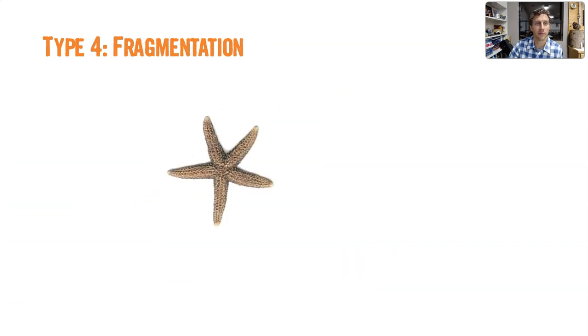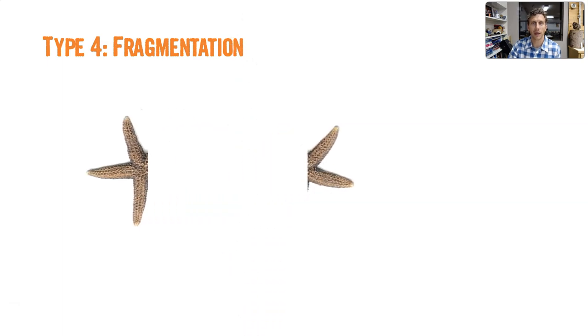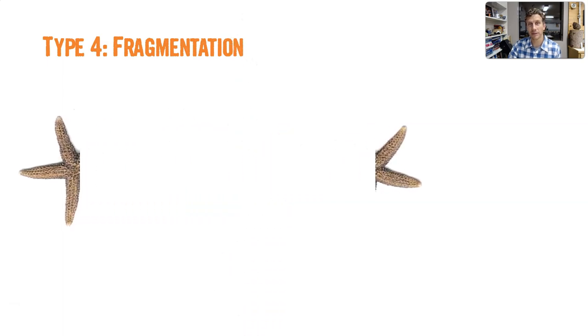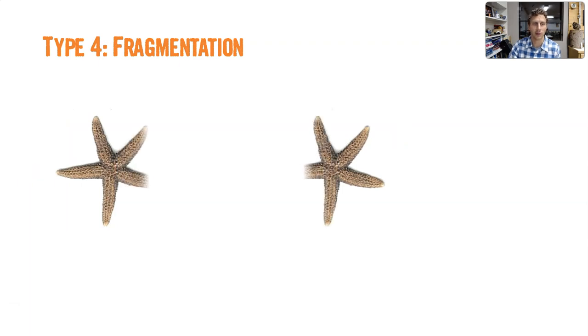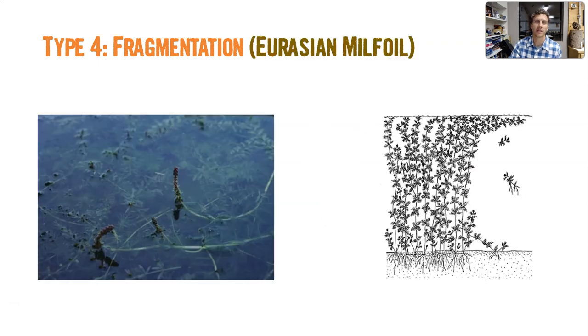Type 4, fragmentation. An organism like a sea star gets cut. And if there's enough of that central disc, these things can do cell division to produce the missing parts. Sea stars are capable of this, and there are many plants that are capable of this.